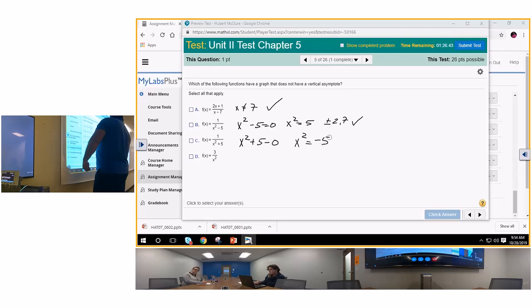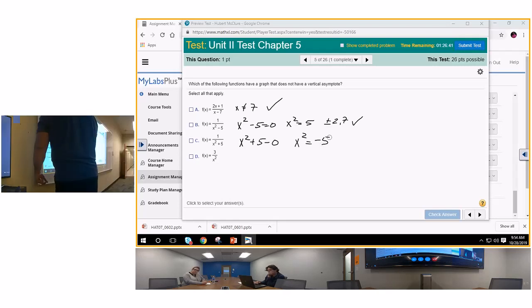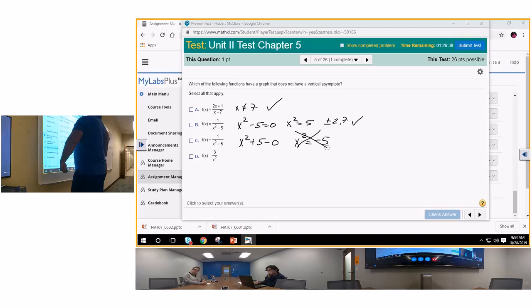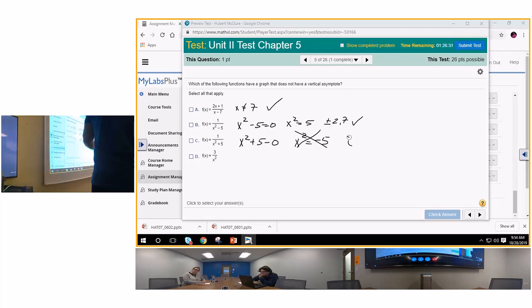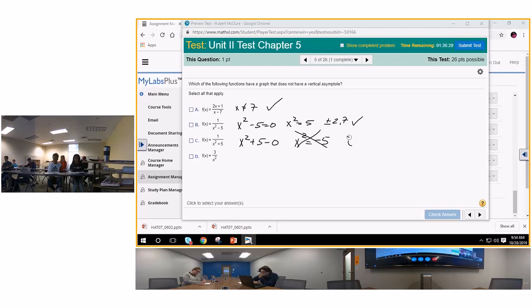What's wrong with this picture? A square root cannot be negative, so you would come out with an i, and an i is a what number? Imaginary number. x squared is equal to 0. You can have that.